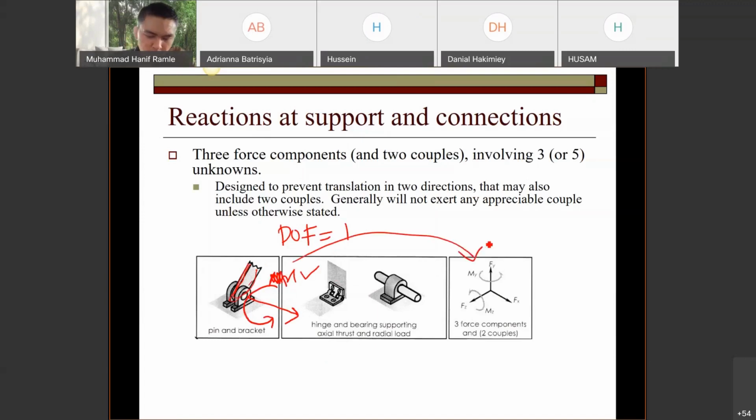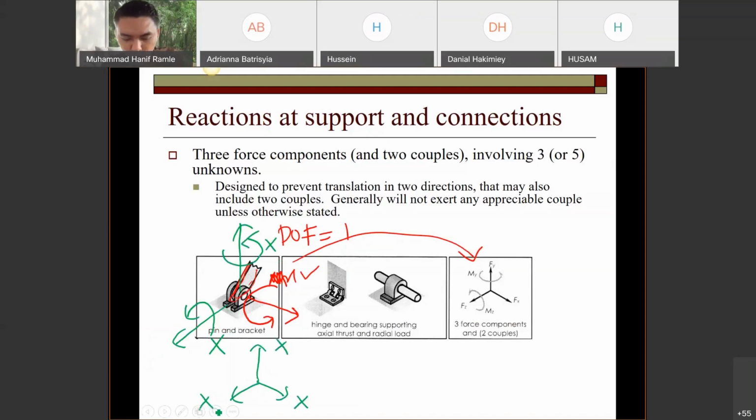It cannot go left, right, up, down, and cannot rotate in other ways. This one cannot rotate like this, cannot rotate like this one, and of course in this direction cannot. The same goes for this system, hinge, and also bearing support, edge thrust, and radial loads.